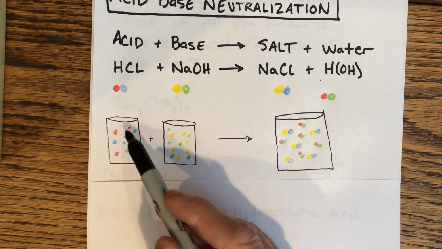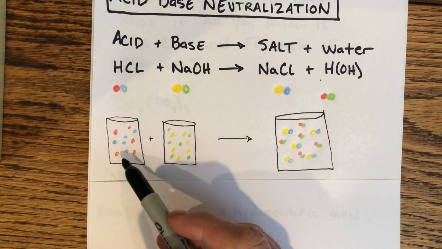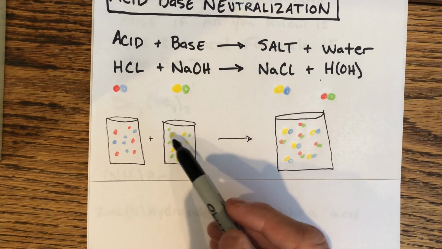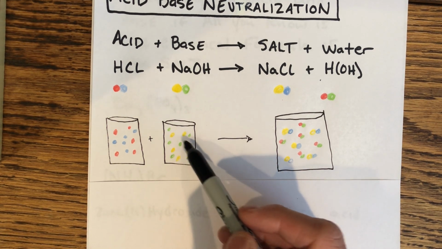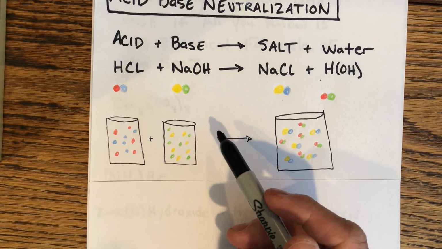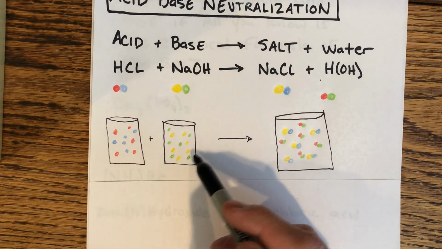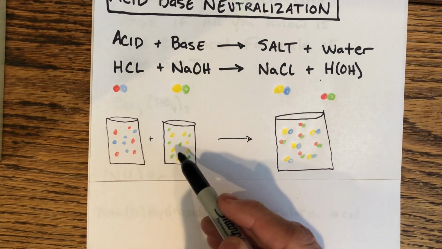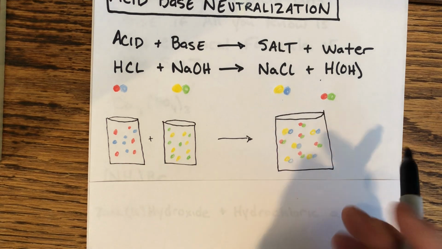So we've got the ions just floating around, unconnected to each other. The same thing is happening with the sodium hydroxide. The sodium ions and the hydroxide ions are separate from each other. But now imagine that you pour those two solutions together, and then we can allow the ions that want to pair up to actually pair up.